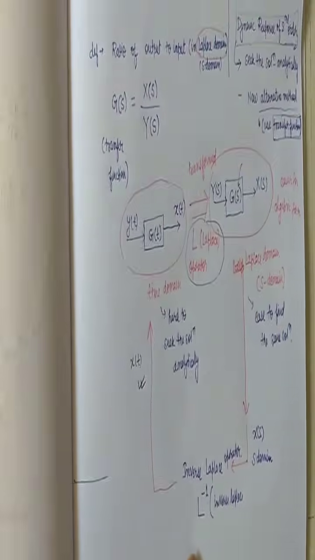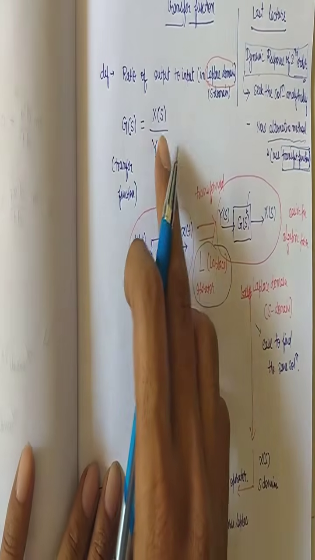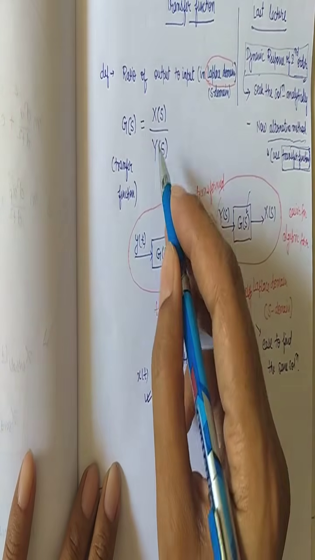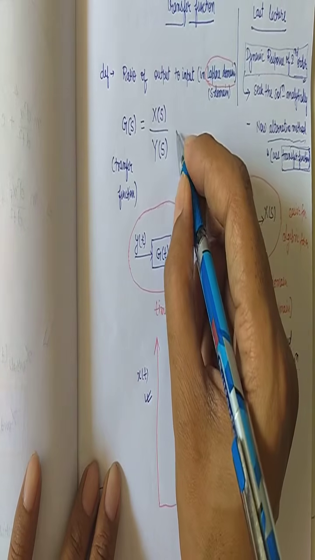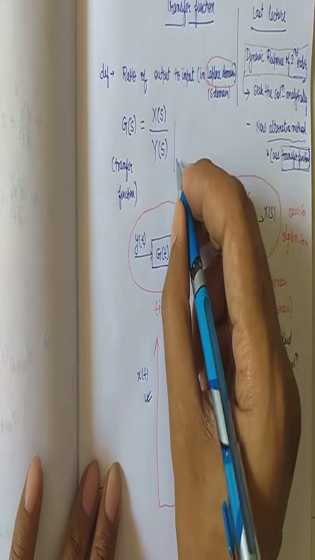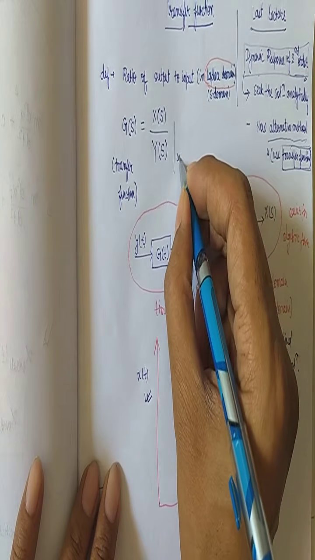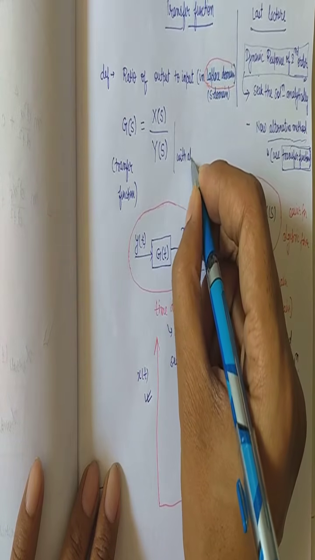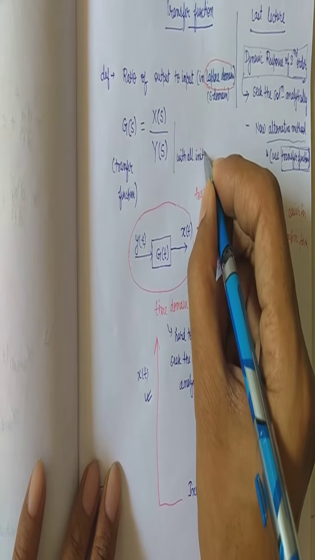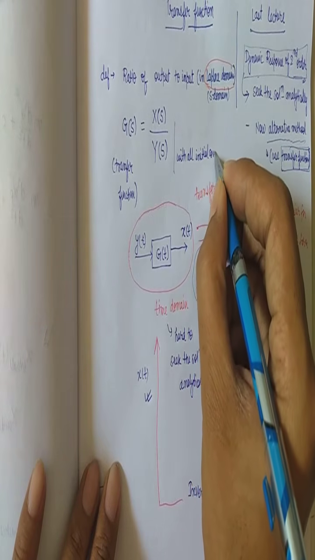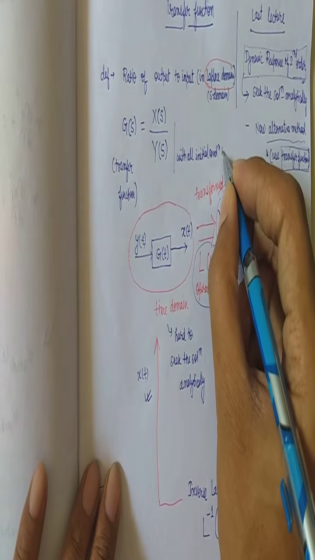One more thing I missed. This transfer function, this output by input, is based on a condition with all initial conditions being 0.